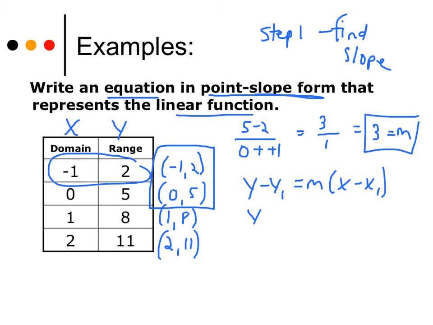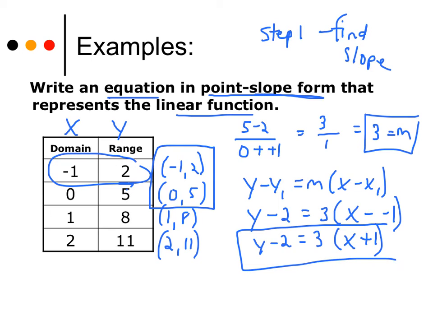So let's do y minus 2, that's this one, equals my slope, which is 3, and then x minus a negative 1. So then I need to simplify it, and make sure you do simplify it, because on a test I will take off if you don't. So my answer is there.